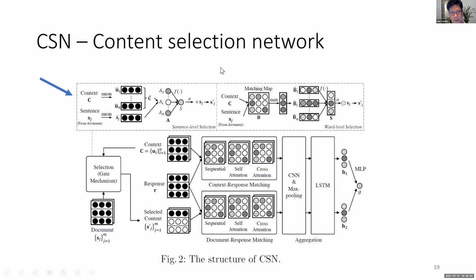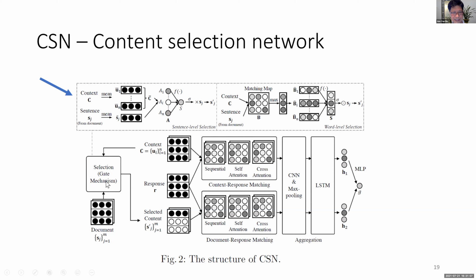An alternative way is to select the tokens, the words, instead of selecting sentences. So here we also select different words by using the mapping, and then there is a hard selection to build some representation of the set of words that we select from the document. So this is the selection process.